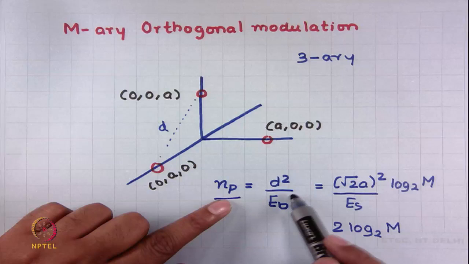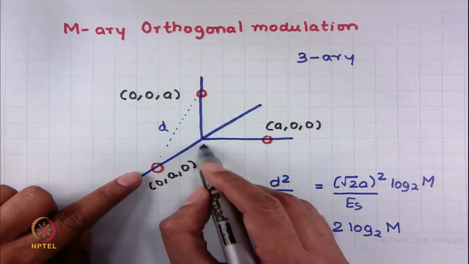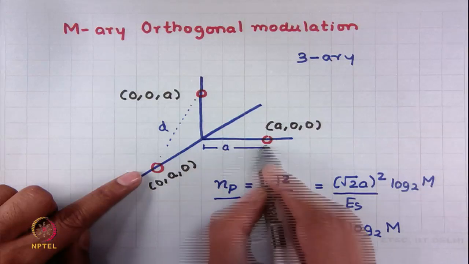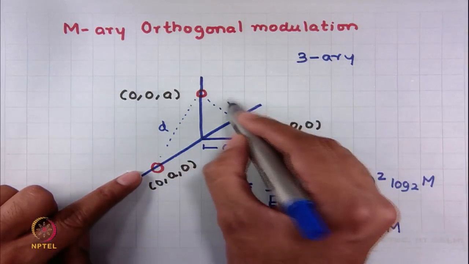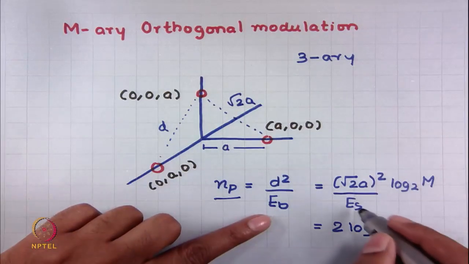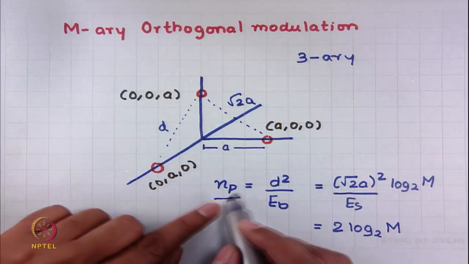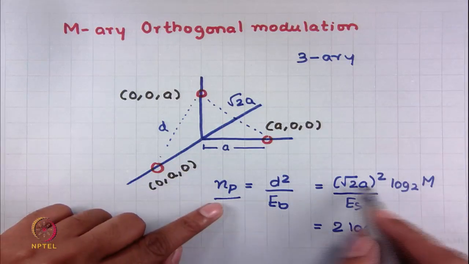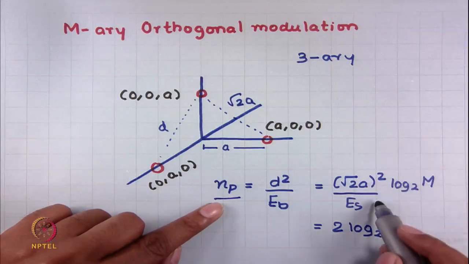It is d squared by Eb, and what is d in this case? If this distance is a, d will be simply root 2 a. And what is Eb? Eb as always is Es by log2 M. So, power efficiency we have got is (root 2 a) squared times log2 M divided by Es.